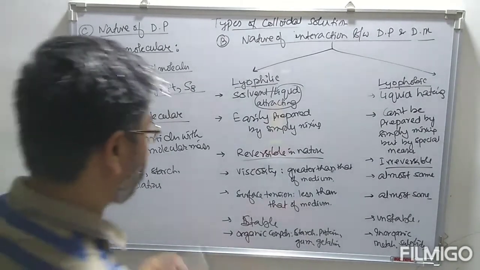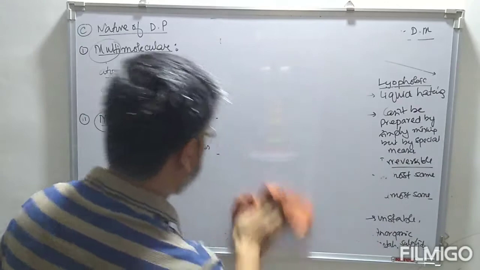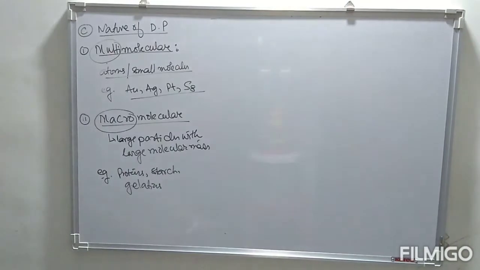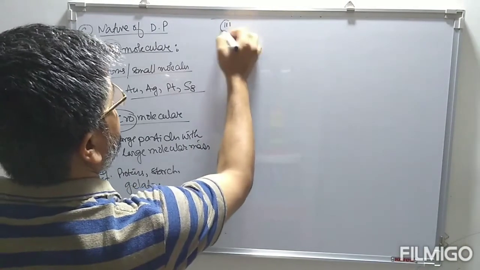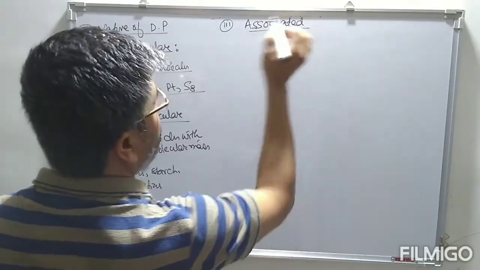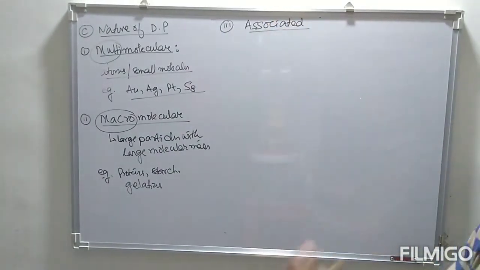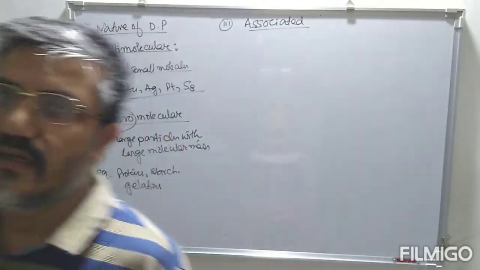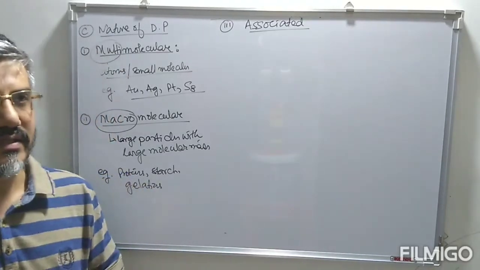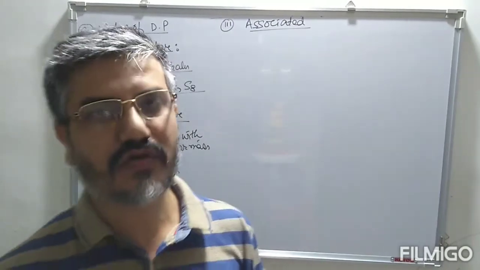The third category is associated colloids. So we have specific electrolytes. We have certain electrolytes. These electrolytes at very low concentration behave like a strong electrolyte.